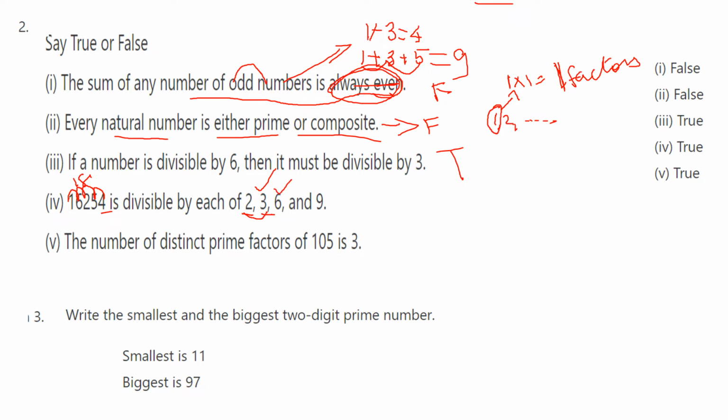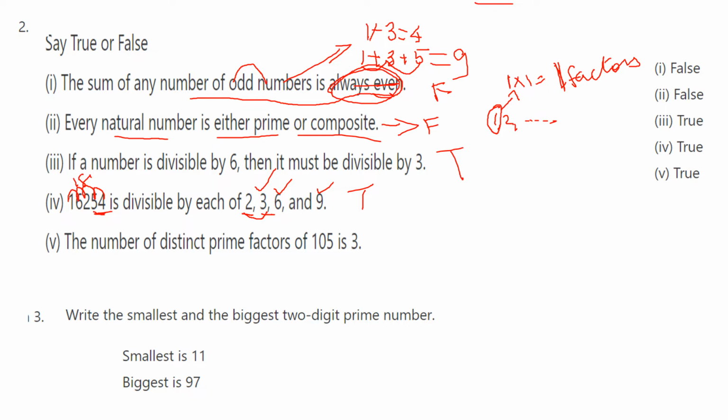That is also true. Adding the digits, you get 18, and 18 is divisible by 9 also. So that condition is also true. So true.